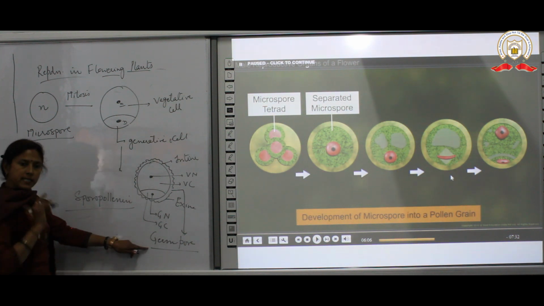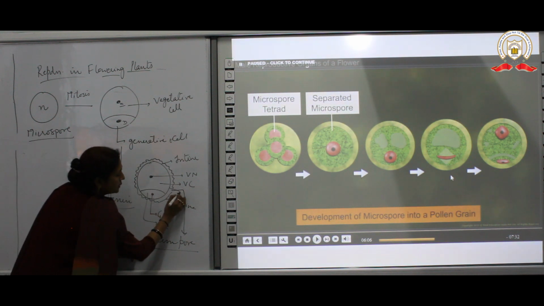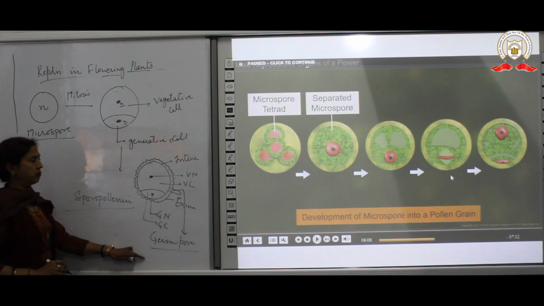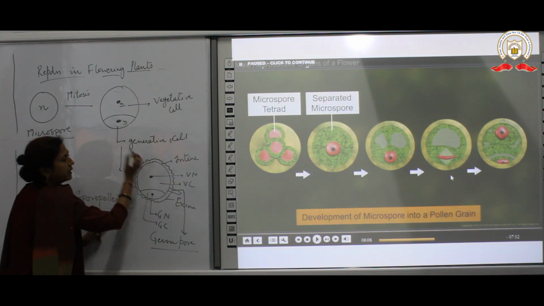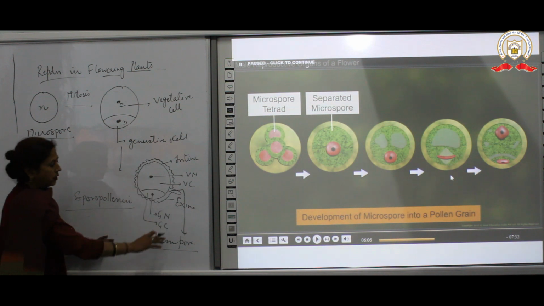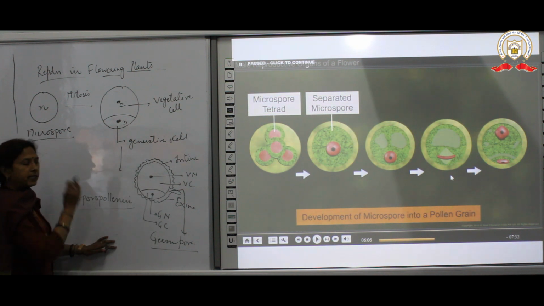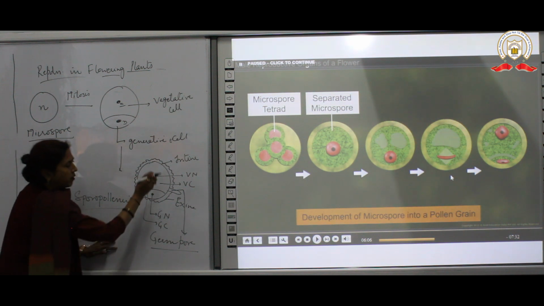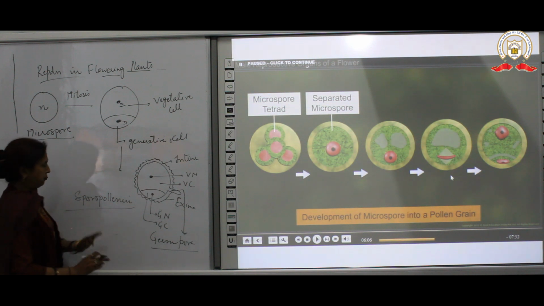It is through this pore that the pollen tube will form, because sporopollenin is so resistant that it will not allow formation of the pollen tube. So the areas where there is no sporopollenin are called germ pores, from where the pollen tube will form.